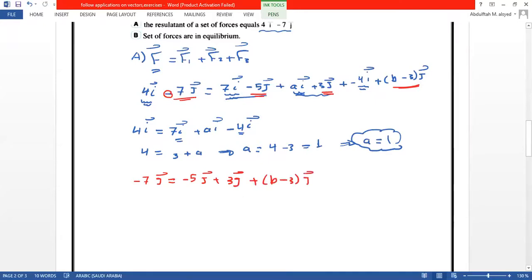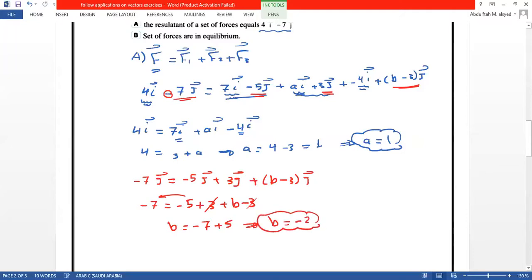Remove the j's: negative 7 equals negative 5 plus 3 plus B minus 3. So B equals negative 7 plus 5. So B equals negative 2. I think it's very easy to solve.